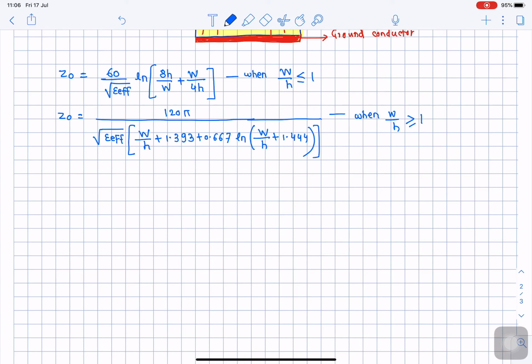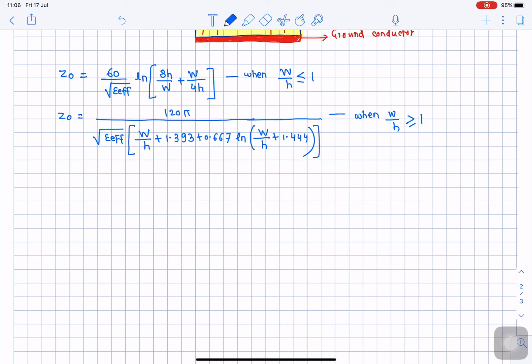So there are two separate equations to calculate the characteristic impedance of the microstrip transmission line when we know its dimensions in terms of width and height. We use the first equation when the width to height ratio is less than or equal to 1, and the second equation when it is greater than 1.